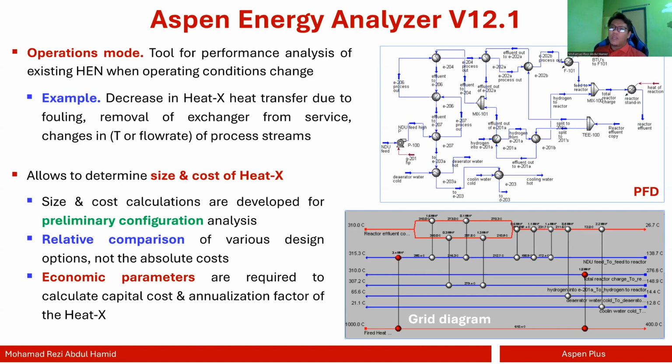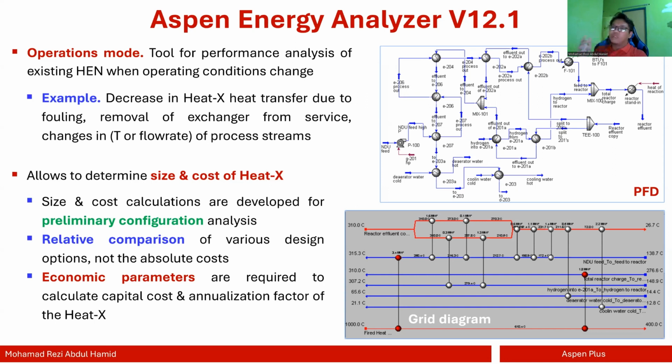But I don't really recommend using the cost provided by the Energy Analyzer as the absolute cost for you to report. I think the best way is to simply use it as a relative comparison with the base case. Let's say the base case gives you a 1 million utility usage, and after the heat exchange network, it becomes 50% lower. So it's better to have a relative comparison as opposed to providing an absolute number.